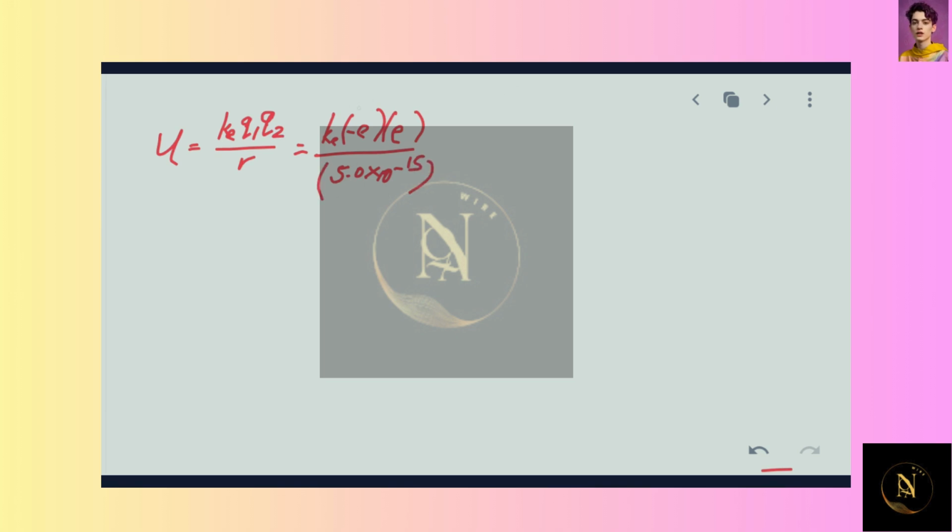Ke is just the constant 1 over 4 pi epsilon naught, so substitute that in, say 8.99 times 10 to the power 9, and we have the elementary charge squared divided by the distance between them.